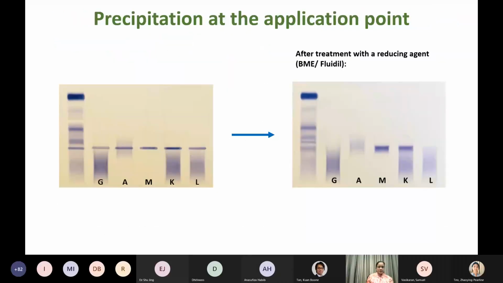This is an example of precipitation at the application point. In this figure, you can see small bands across all 6 lanes, so it is very hard to identify the monoclonal protein here. We treated this sample with BME, and after the treatment, this is the repeat phase, you can clearly see that band as IgM kappa.